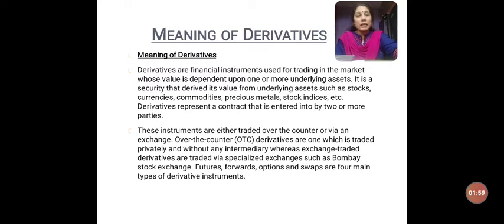So what is the underlying asset here? Milk is the underlying asset. What is derived from milk? It is curd. Likewise, there will be underlying assets based on whose value the financial instruments called derivatives are derived.